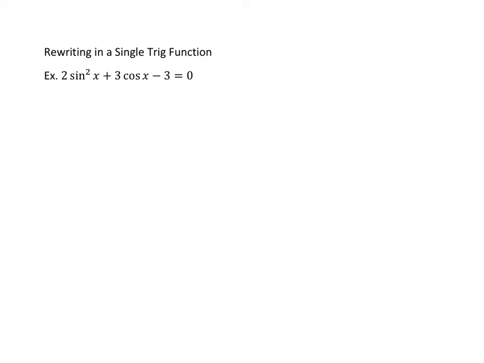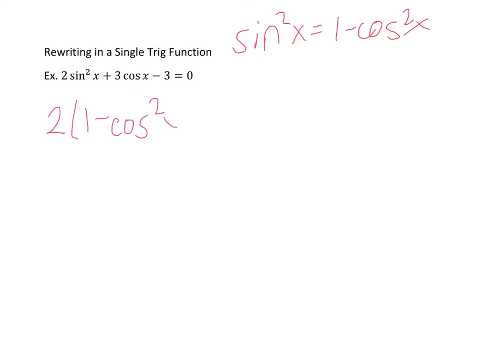So we're going to take sine squared x and change that to 1 minus cosine squared x. So 2 times 1 minus cosine squared x plus 3 cosine x minus 3 equals 0.